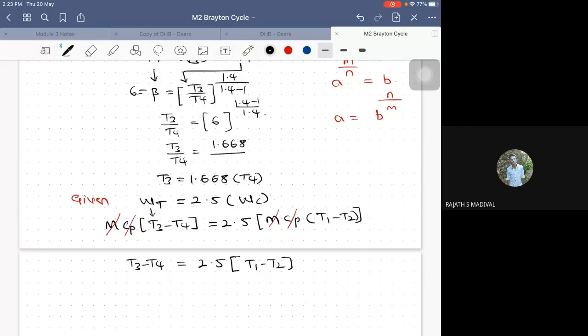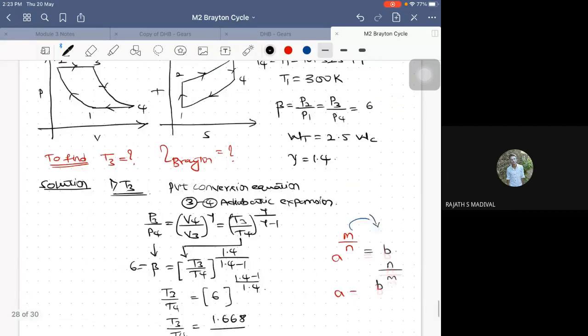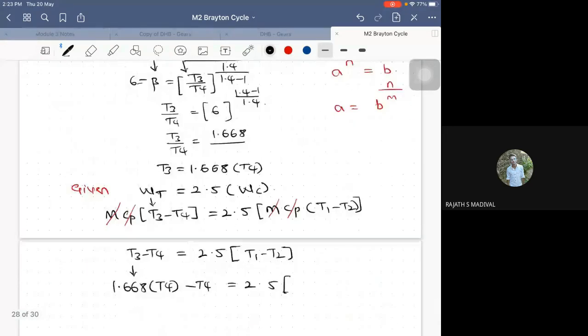T3 I can substitute as 1.668 times T4, minus T4, equals 2.5 times T1 minus T2. T1 is given, I guess, 300 Kelvin. What to do next? Again, there are two unknowns. T2 you should find by the Pvt equation.